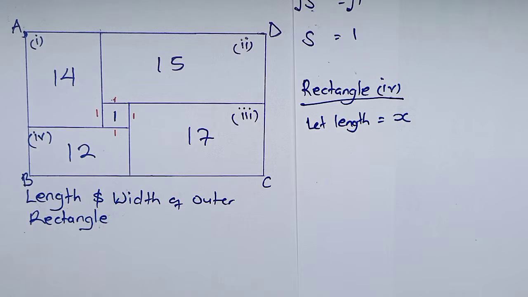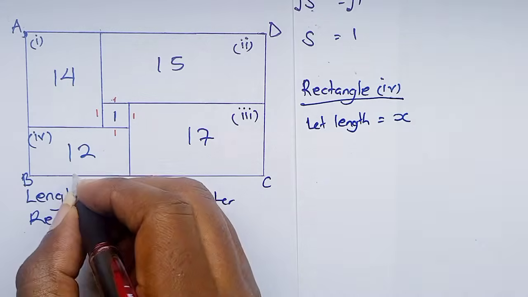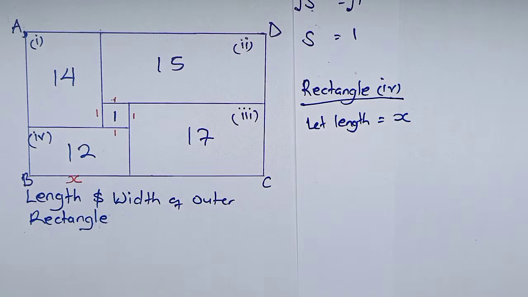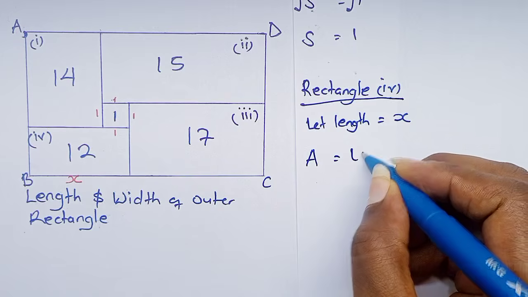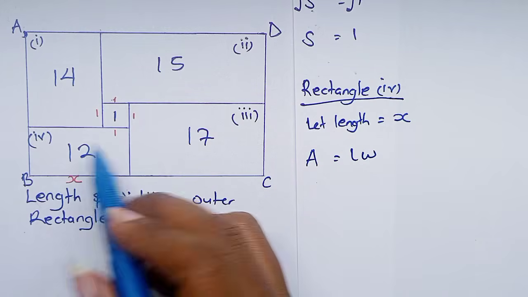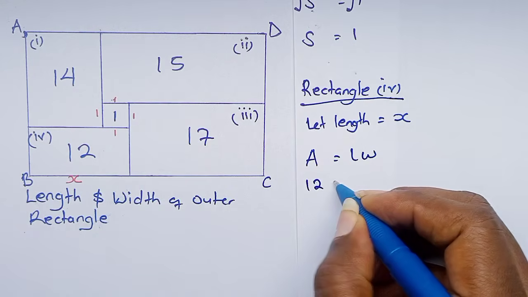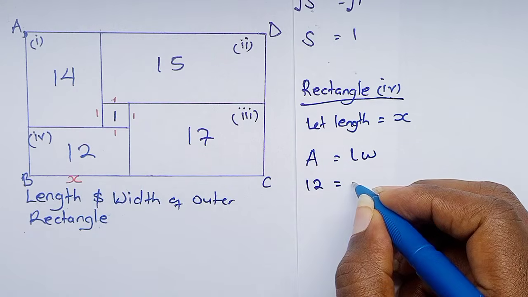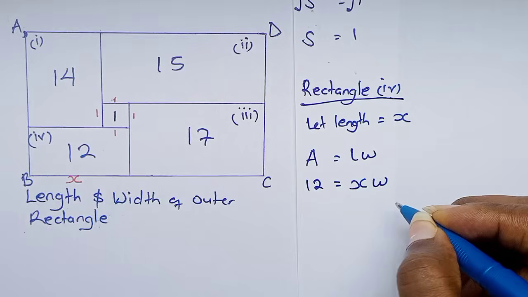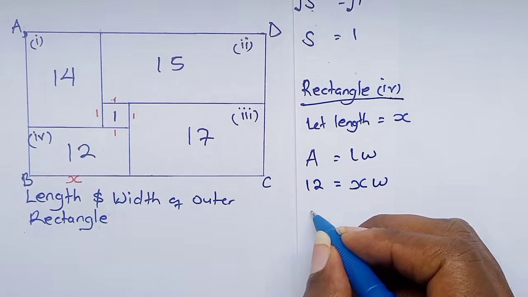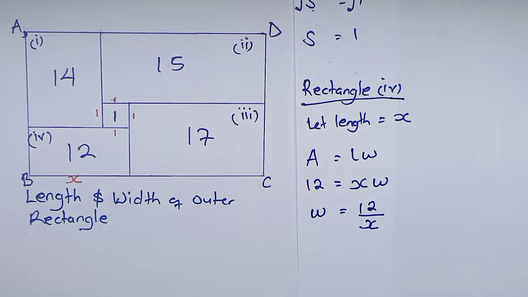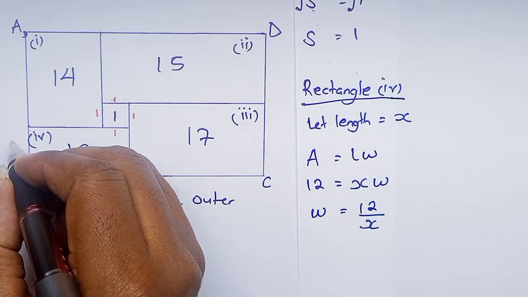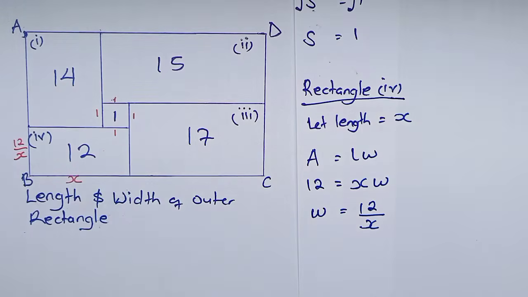So from here to here, we are letting it be x. We know that the area of a rectangle is length times width, and the area is 12. So 12 is equal to the length x times the width, which we do not know. Therefore, since we want to find the width, making it the subject, it will be equal to 12 over x. So from here to here, we've got it to be 12 over x.